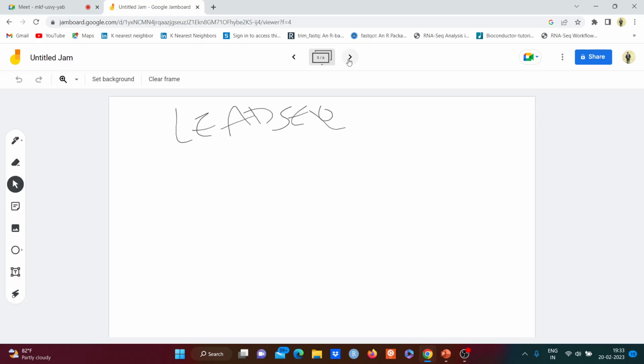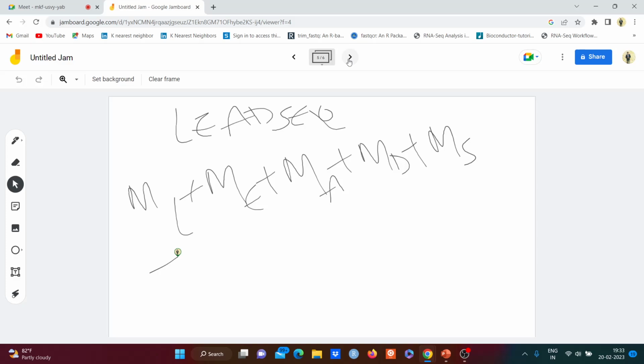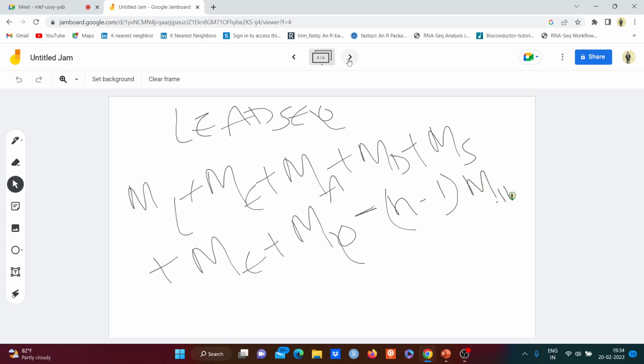So what we do is add the molecular weight of L, molecular weight of E, molecular weight of A, D, plus molecular weight of S plus molecular weight of E plus molecular weight of Q, minus n minus 1 into molecular weight of H2O.